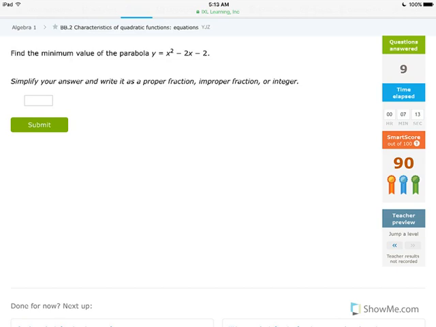And here's another min-max problem. So they want the minimum value, so they just want the y value on the vertex. So let's just go find the vertex and we can answer the question. So x equals opposite the b value over 2a. So opposite, what's the b value in this case? -2, so it's going to be a -2.